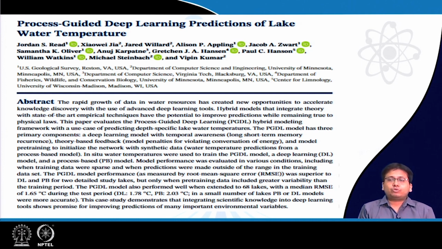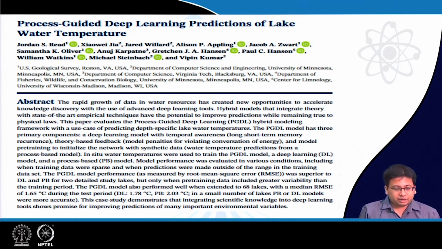If you need too much data for training the model, then just to train the model you will have to run the process-based model lots of times, maybe lakhs or millions of times. Now if you are doing that anyway, then what is even the idea of having the machine learning model, right? So the model should be able to work quite well even with a small amount of data that might be obtained by running the process-based model only a few times.